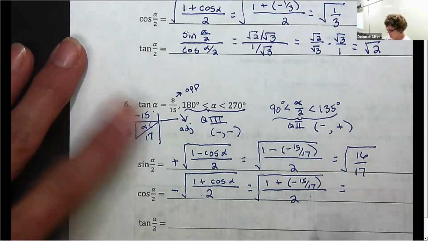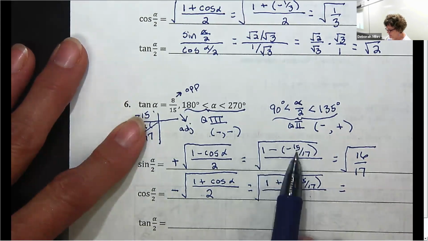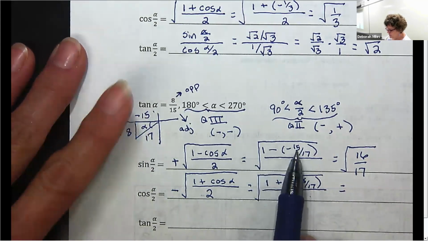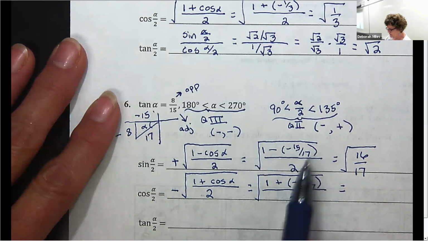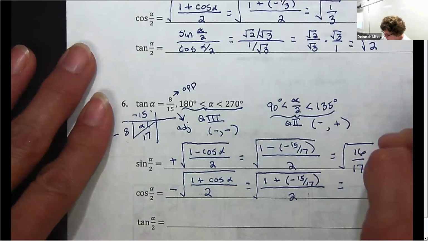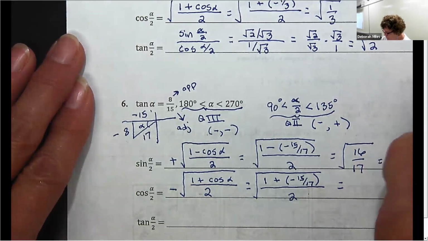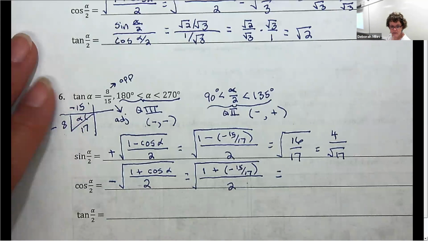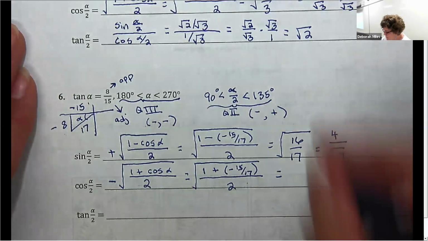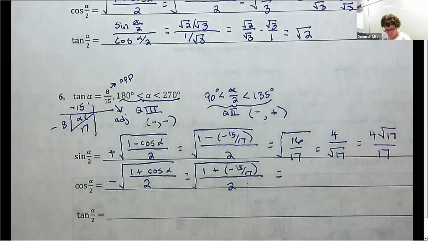Let me double check that. 17/17 plus 15/17 is 32/17 divided by 2 is 16/17. It would be fine with me if you left that 4 over square root of 17 on the test. My math lab's going to call it 4 square root of 17 over 17.